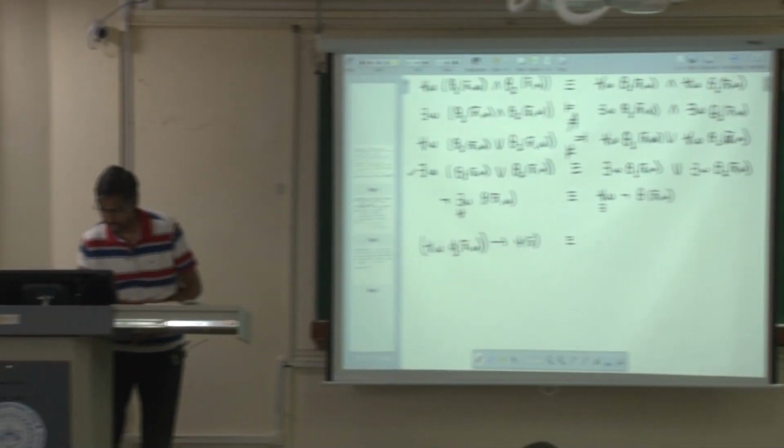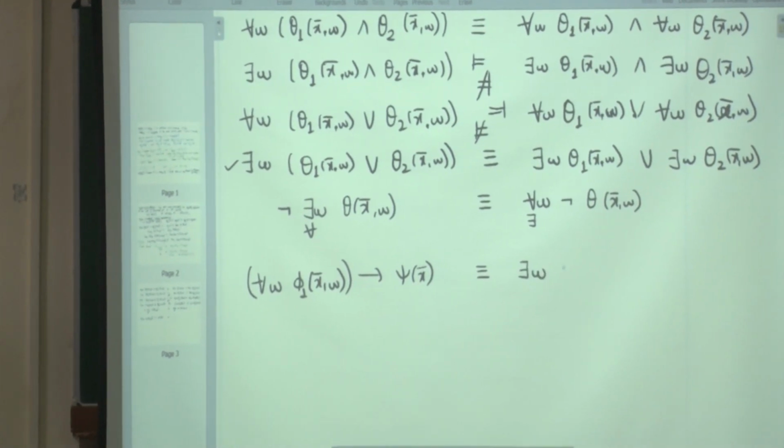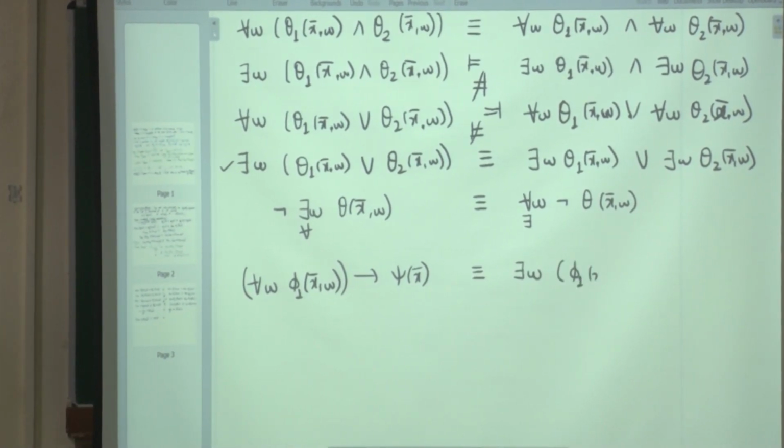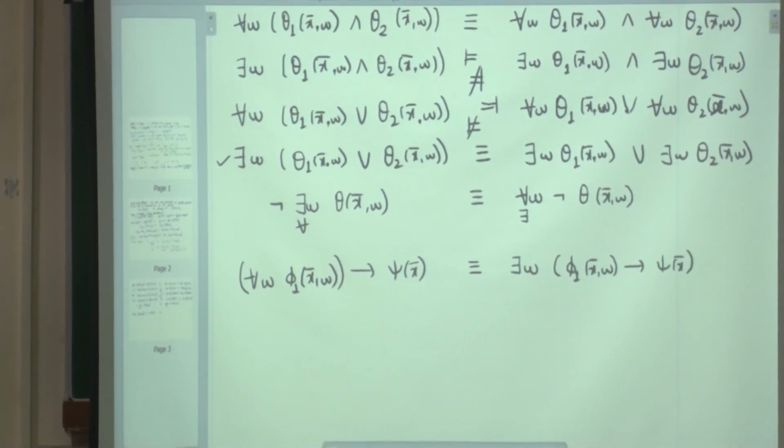And then can you transfer, like over disjunction, can you transfer there exists? Can you do that? Okay. So what should I write here? Tell me. There exists a W such that phi 1 x bar W implies psi x bar.